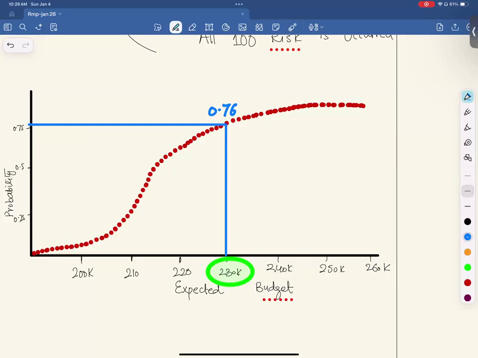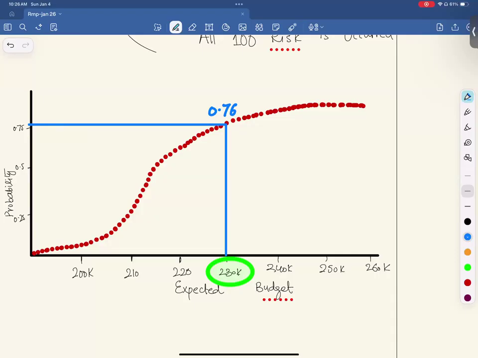So there's a 76% chance that we will end up completing our project in $230,000. So it predicts the possibility of achieving your project objective in terms of cost or in terms of schedule. That's the job of Monte Carlo simulation.